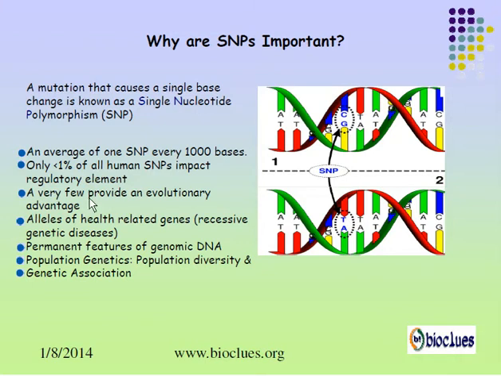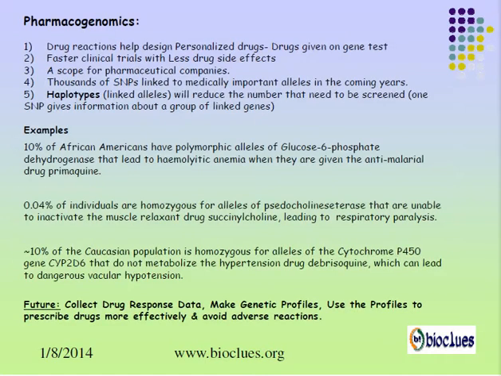All right, like I said, SNPs find a great scope and application in pharmaceutical areas and companies. They find an application in pharmacogenomics and personalized drugs. Now, personalized drugs are drugs that are given based on a gene test. This is the future of pharmacogenomics, or the future of bioinformatics.